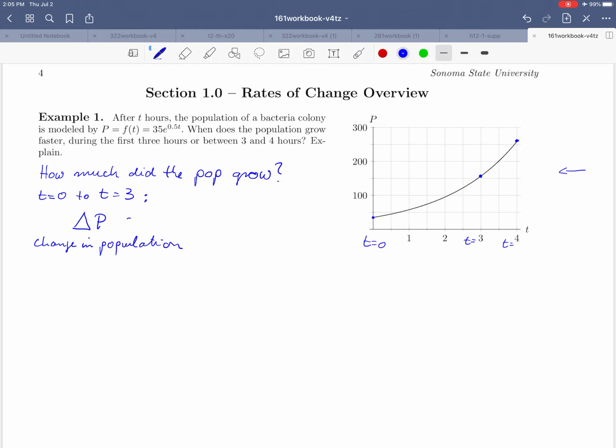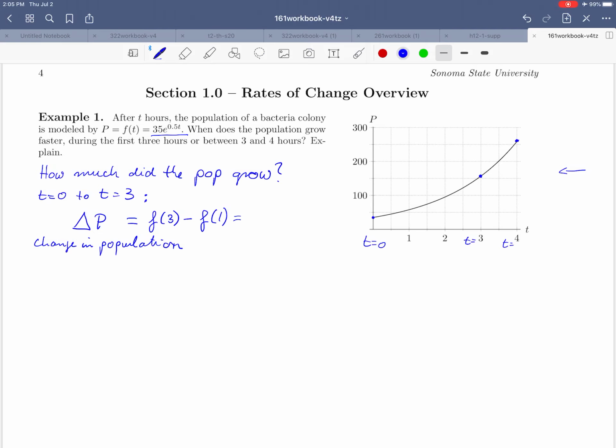We can compute that by finding the population at time t equals 3, denoted by f of 3, or function when we plug in t equals 3, minus our population at t equals 0, denoted by f of 0. We could estimate them from the graph, but we also have a formula for our population, and so we're going to use that instead to get a little bit more accurate number.